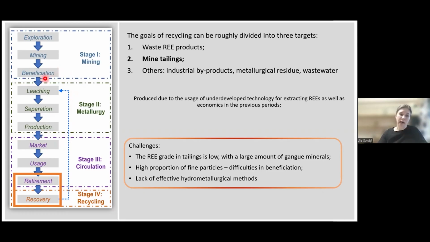And there is also a lack of effective hydrometallurgical methods for other minerals than monazite and bastnasite. So the biggest struggle actually is in beneficiation of those tailings with that specific fine fraction. If that can be solved, they can follow the same road as, let's say, the original REs from mine.